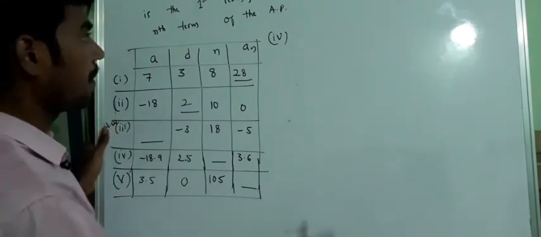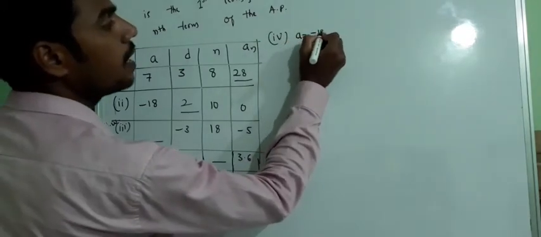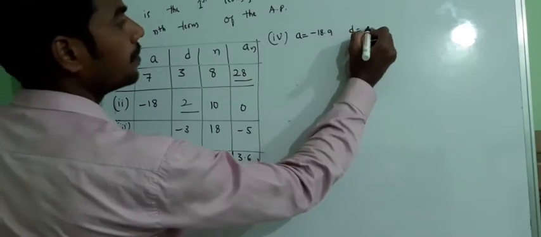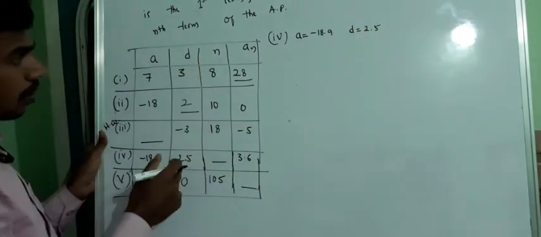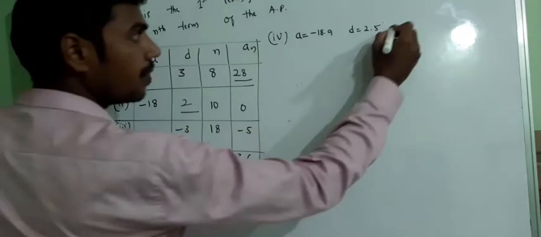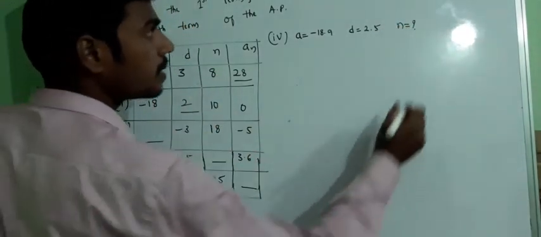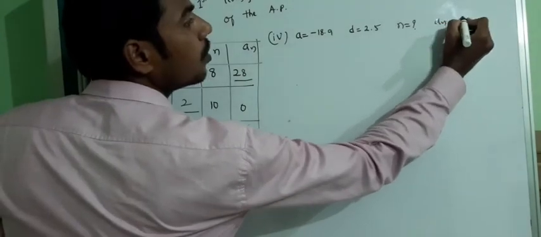Fourth one, A is equal to minus 18.9. D is equal to 2.5. The number of terms we need to calculate, and AN is equal to 3.6.